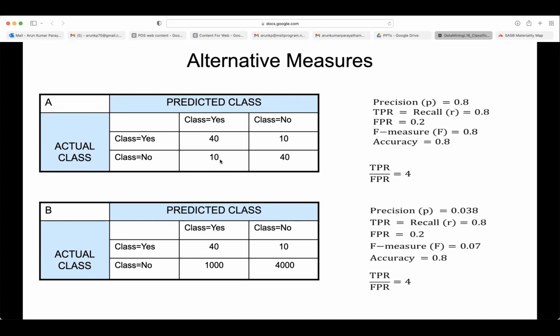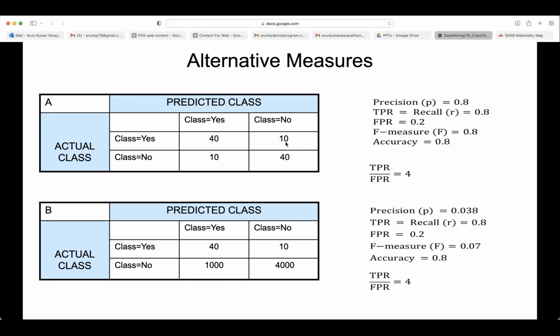What are predicted false here? False means no. Predicted class no is how much? 50, right? See the predicted class no, that column. How many instances are there in that? 50 instances are there, right?